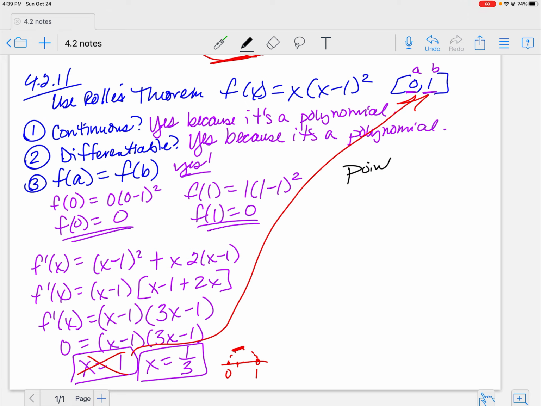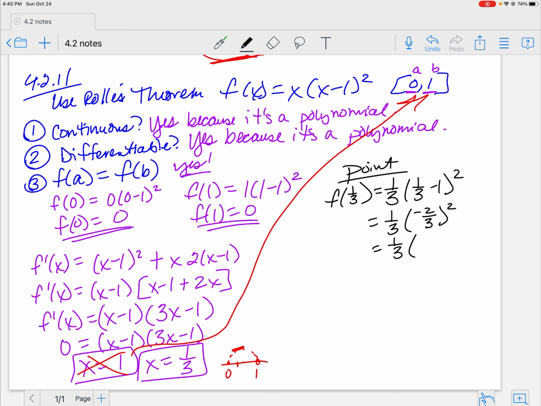So if it asks me to find the actual point, then we just plug that 1/3 into the original. So it's 1/3 times 1/3 minus 1 squared. It's not so bad. 1/3 times a negative 2/3 squared. So 1/3 times 4/9.